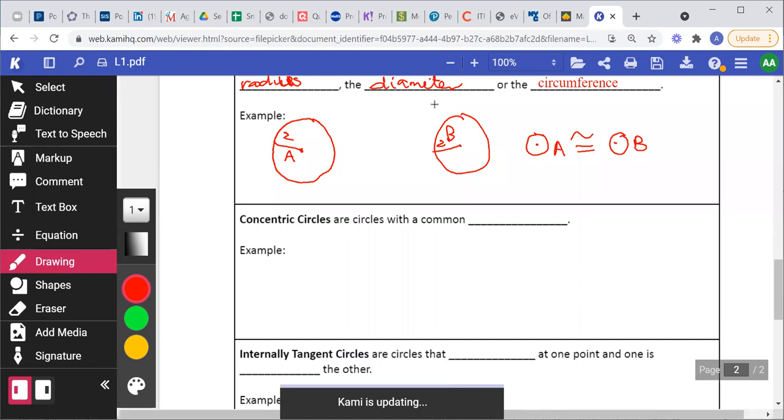The example was, I did something like this, and we had another circle inside, and this was the center A. The radius of this yellow line is the radius of the small circle A, and this green line is the radius of this big circle A. Both circles are A, because they have the same center, but different sizes, okay? So the concentric circles are circles with a common center.